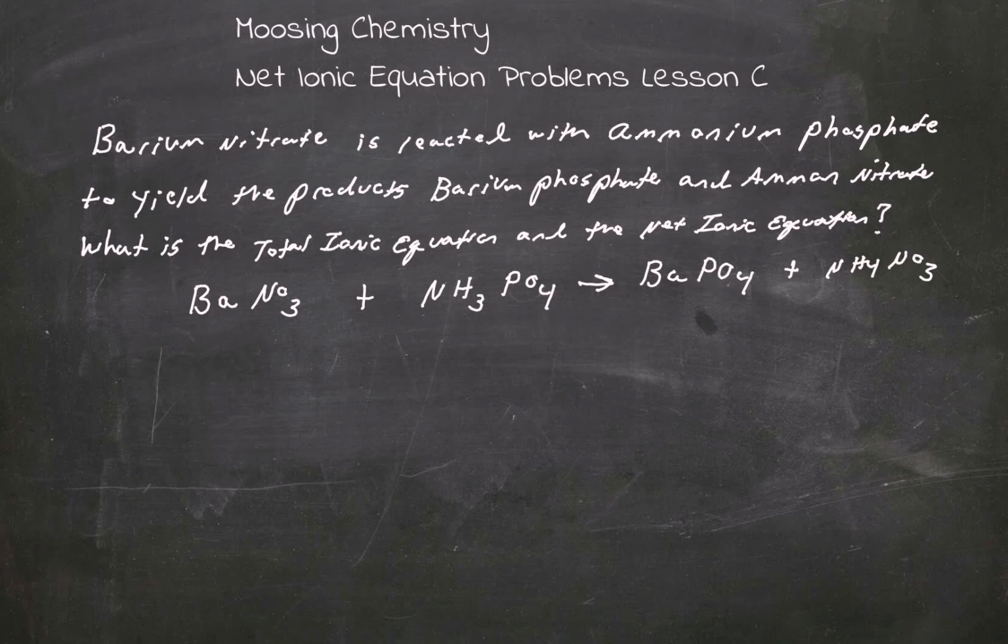Okay, well, we know that this is not quite right because this has a -1 charge and this has a +2 charge according to the oxidation numbers. This has a -3, this is a +1, -3, +2, -1, +1. So we have to do what we call a crisscross.